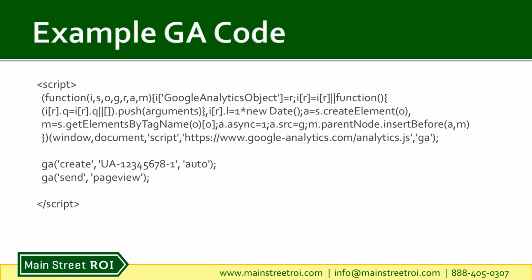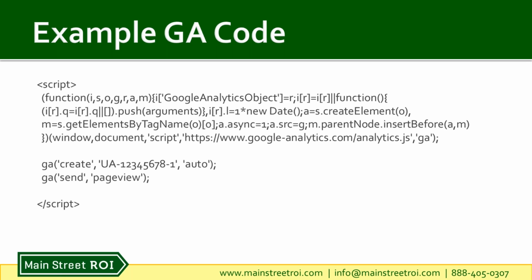And the good news here is if you're using a CMS like WordPress, Drupal, Joomla, those are content management systems, a lot of times you can just put this code into one page, and then that will be applied across the entire site.